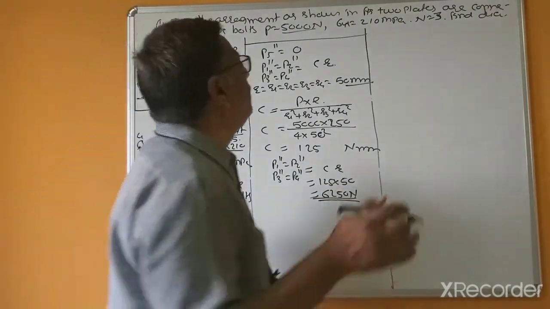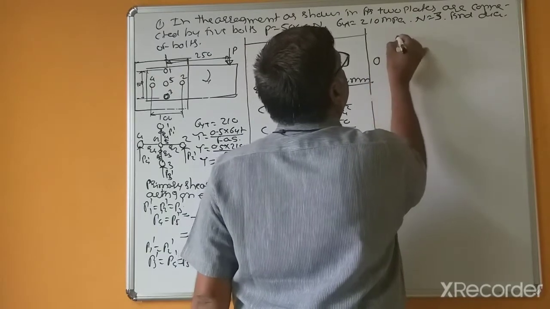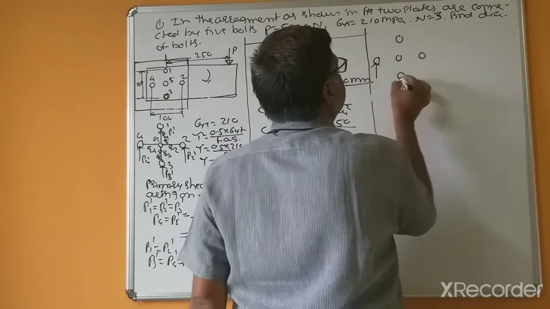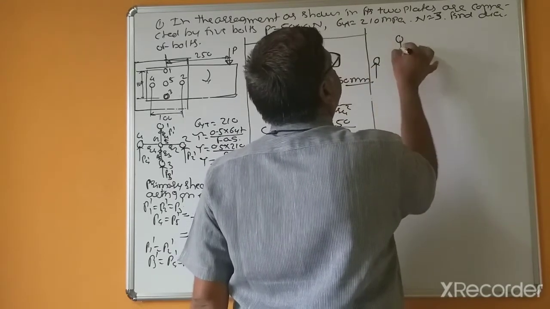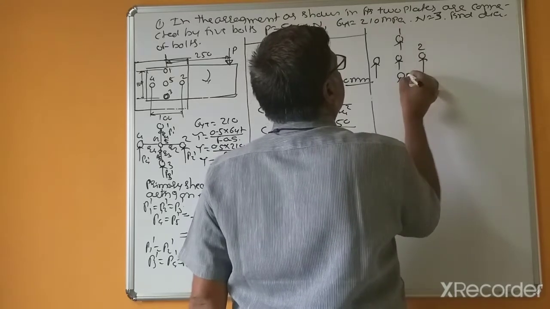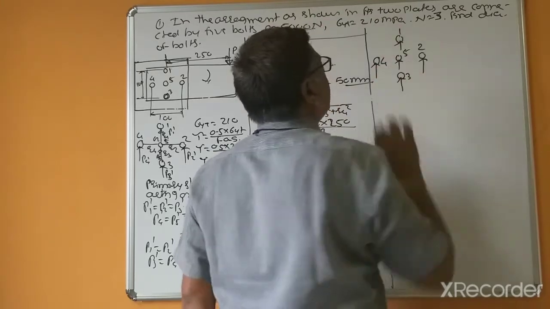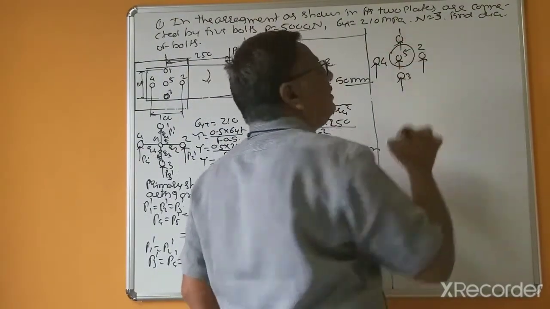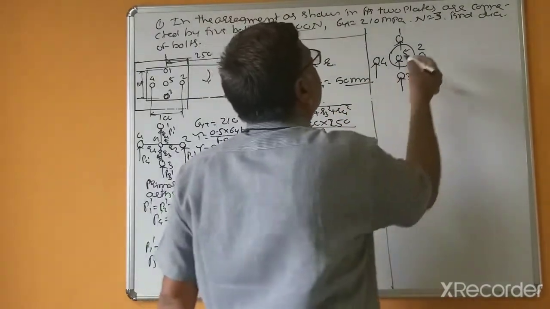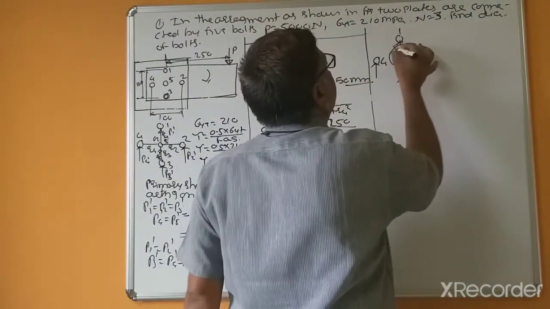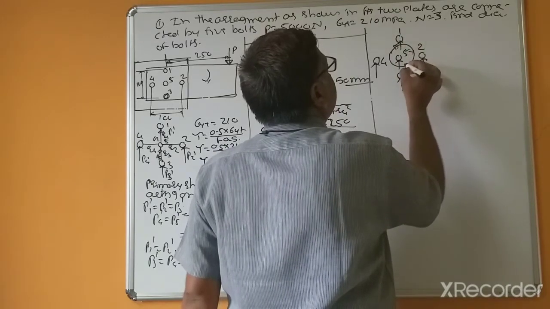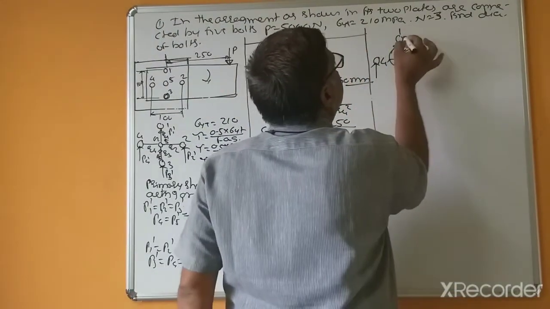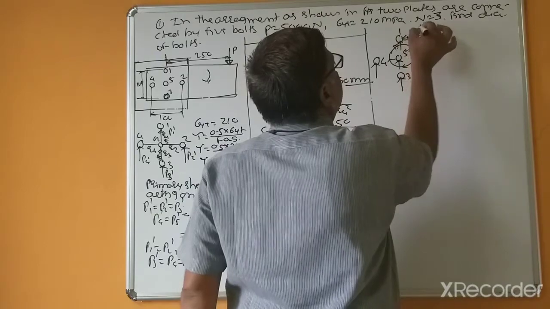6250 Newtons. Now again we'll draw the free body diagrams. This is the primary shear force acting on 1, 2, 3, 4, and this is 5. Now this will try to rotate. Try to understand. So that's why this is the direction, and opposite to this direction. So that's why the secondary shear force acting here is P1 double dash.